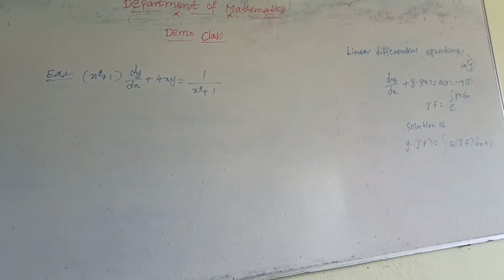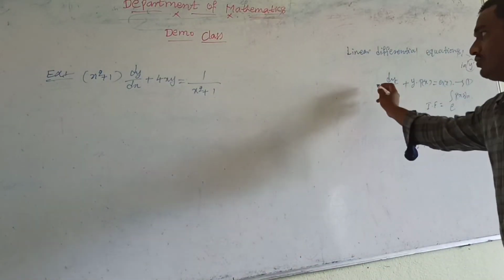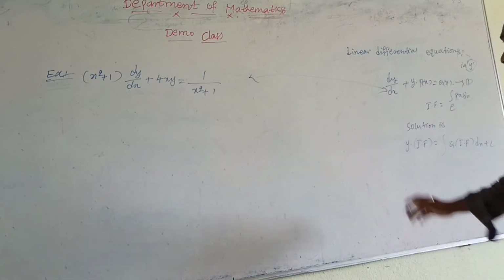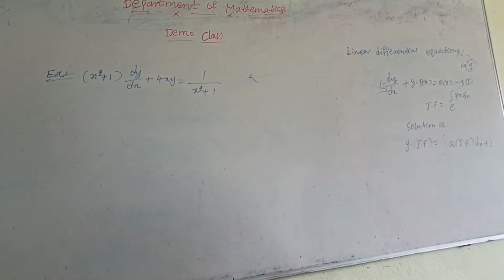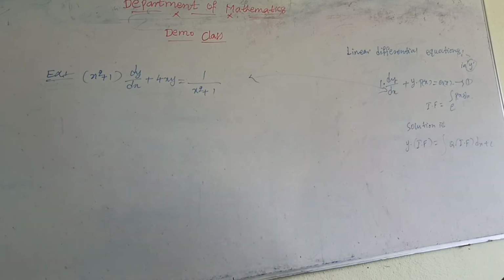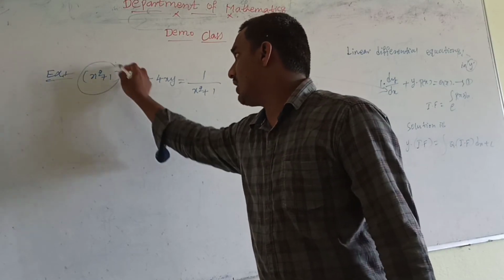If you observe clearly, these two equations are almost similar, but here dy by dx has coefficient 1, while in the example the coefficient of dy by dx is x square plus 1.